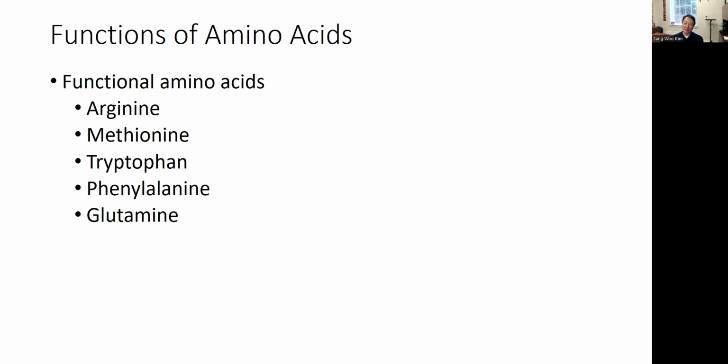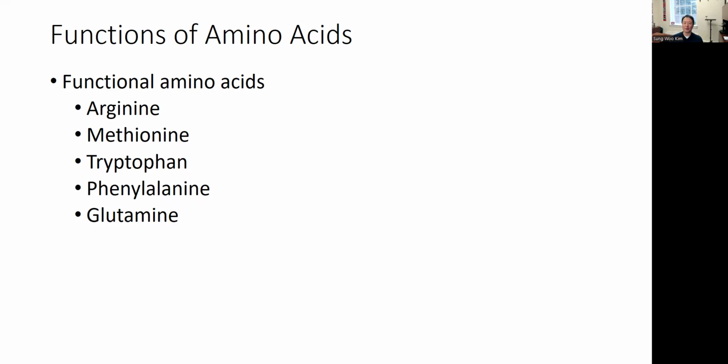Now, arginine, methionine, tryptophan, phenylalanine, and glutamine. Because of their functionality, you can buy these amino acids from the manufacturer, and they become more affordable to be added in animal feed. As an example, arginine, prior to 2007, was about $20 per kilogram, but now it is like $5 or less per kilogram.